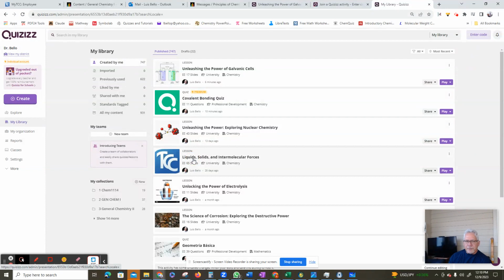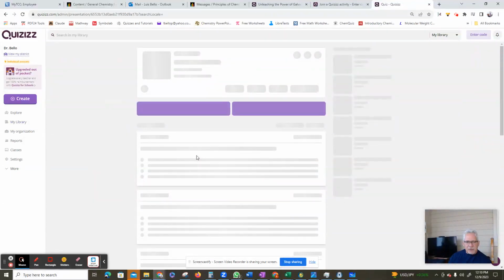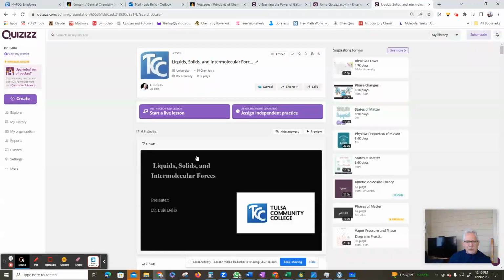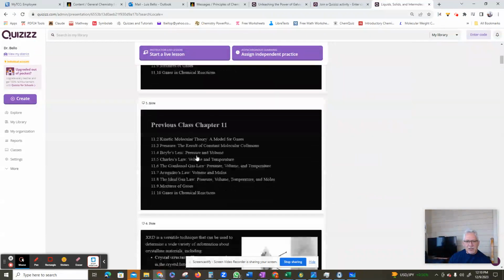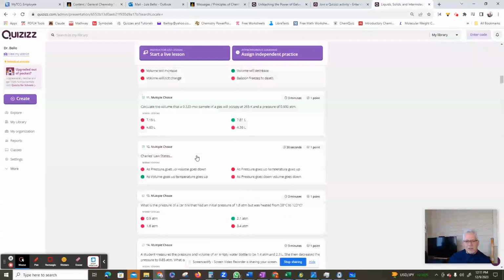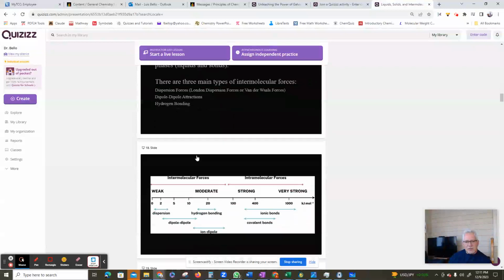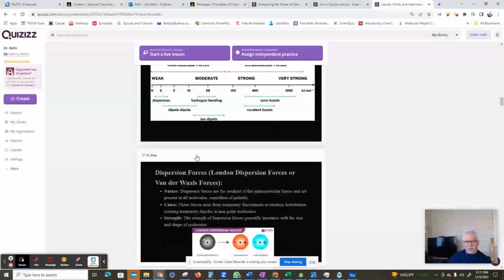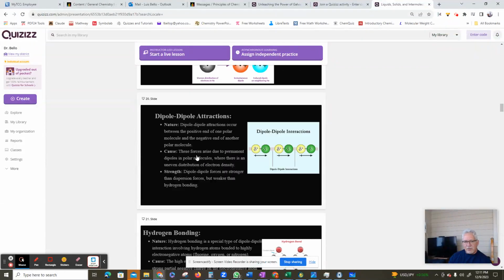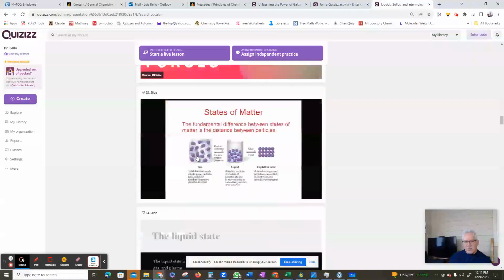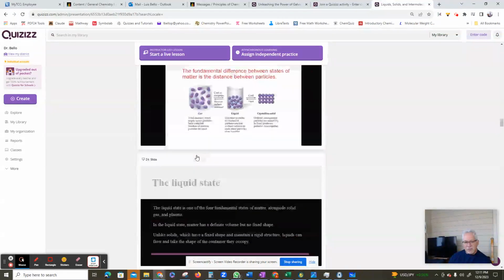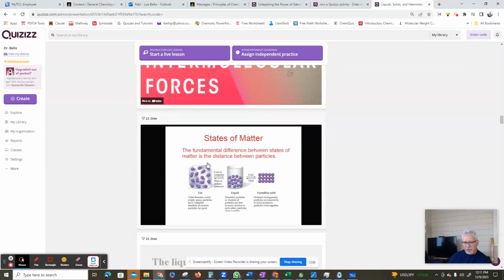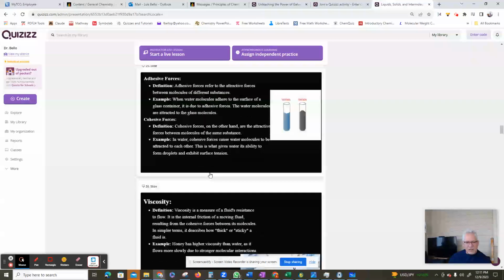Let me share this one. This is a quiz or a lesson. Yeah, this is a lesson, and this is about intermolecular forces. So I'm using most of the information that I have from the textbook. As you probably noticed, this one is from an OpenStax textbook.